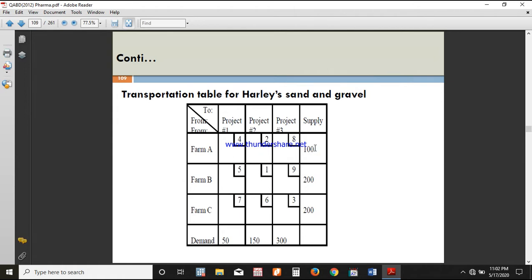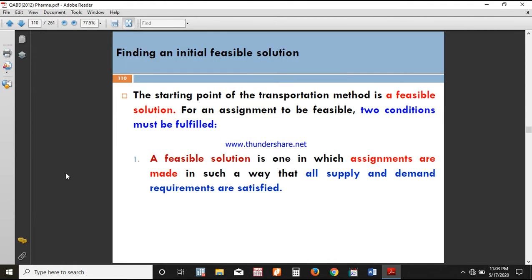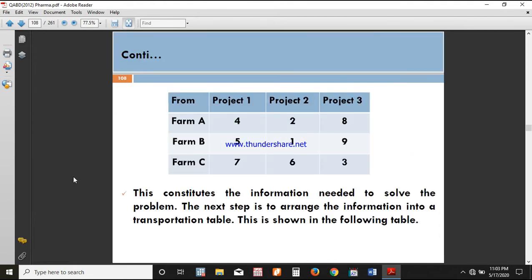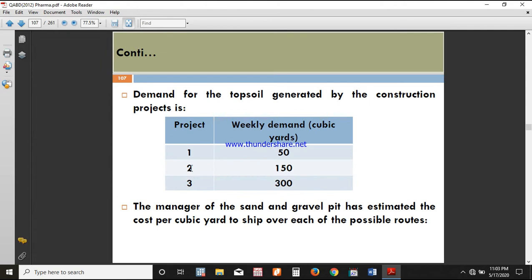Farm A is capable of supplying 100 cubic tons, whereas farm B is capable of supplying 200 tons, and farm C is capable of 200 tons to these projects. In order for this to be considered a transportation model, the demand and the supply should be equal. When you sum these values, they equal 500. Therefore, now this is a transportation model with the given issues.